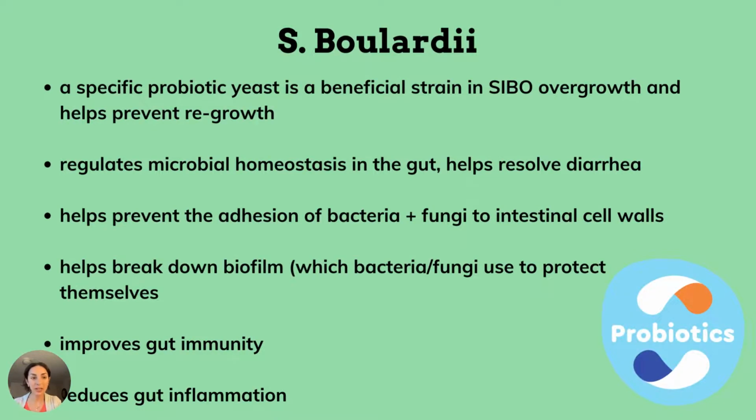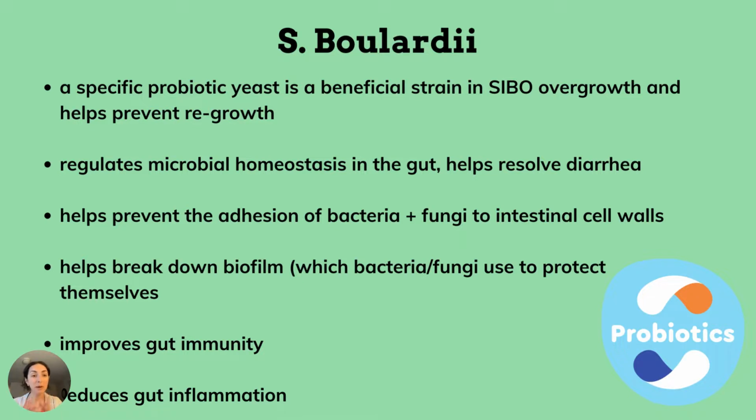S. boulardii, again, is one of my favorites to start with because it helps regulate the microbial homeostasis in the entire gut. It's working in the large intestine and the small intestine to assist your antimicrobial in improving that overgrowth. It helps resolve diarrhea and loose stools. It helps prevent bacteria and fungi from adhering to the cell walls in your gut.